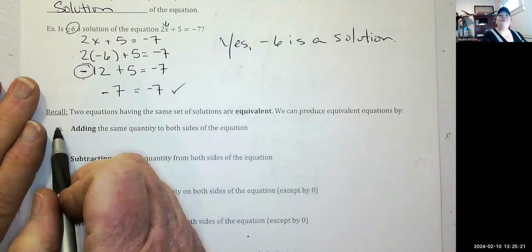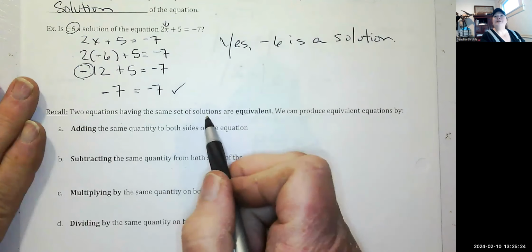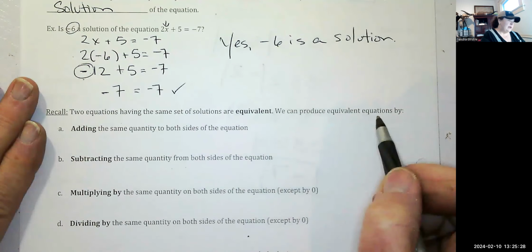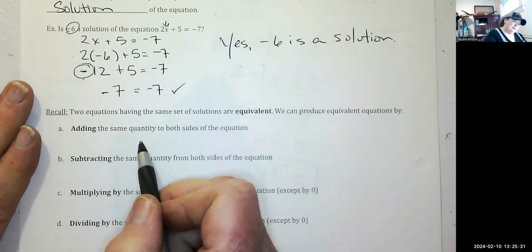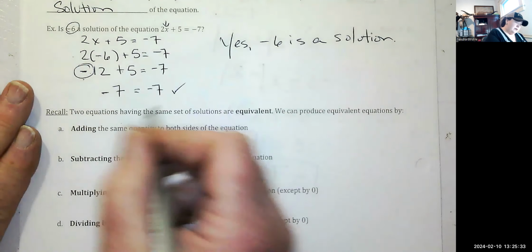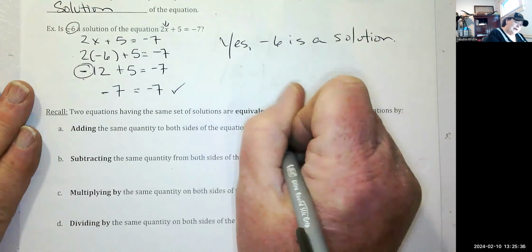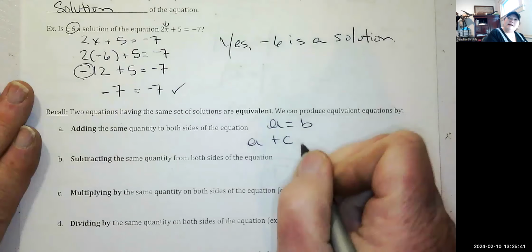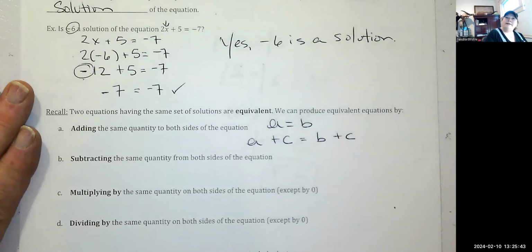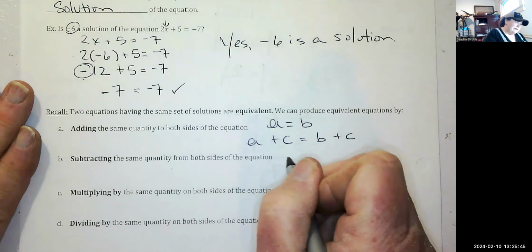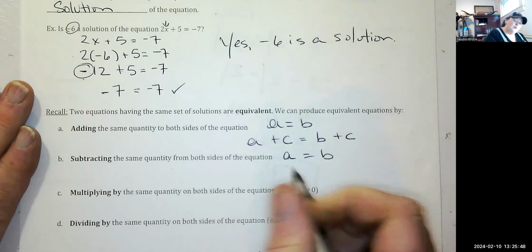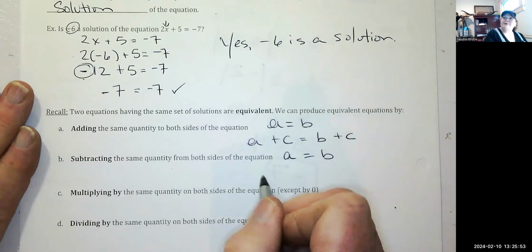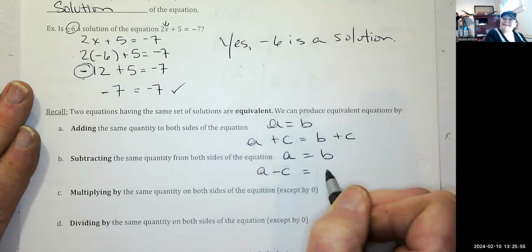So recall that two equations having the same set of solutions are equivalent, hence the equal sign. We can produce equivalent equations by adding the same quantity to both sides of the equation. So if we have A equals B, we can have A plus C, a constant C, that we would add to both sides. Same thing, if we have A equals B, we can subtract another constant C from either side, and it still stays equal.